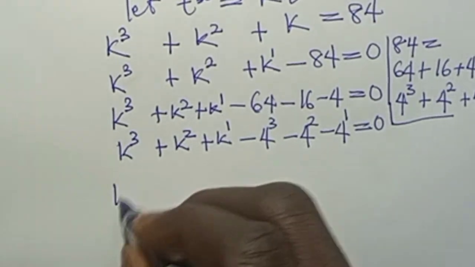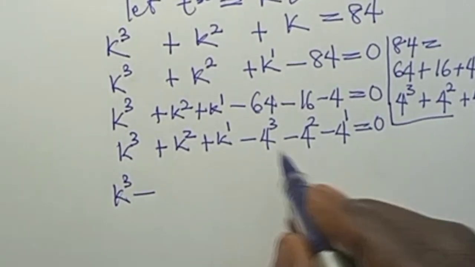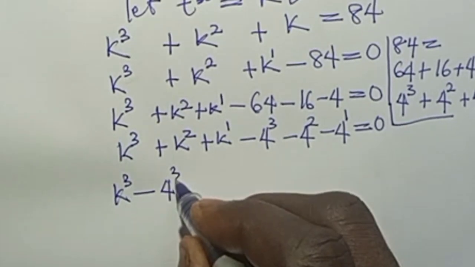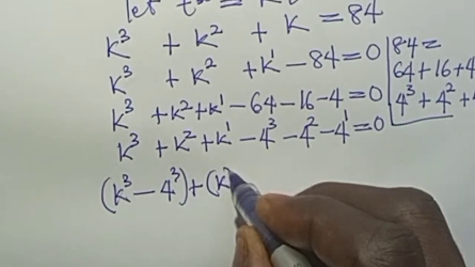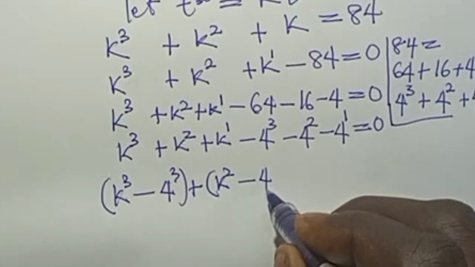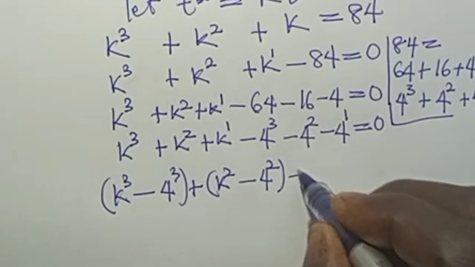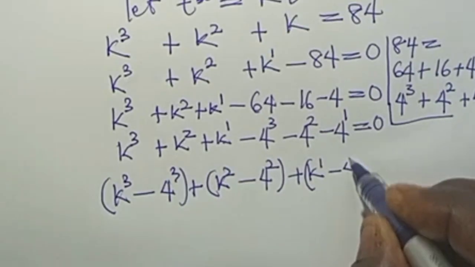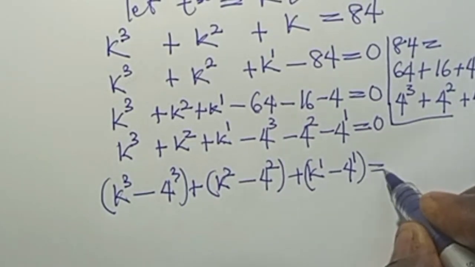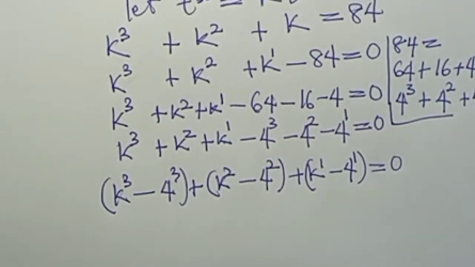That is to say, k to the power of 3 minus 4 to the power of 3 in bracket, plus k to the power of 2 minus 4 to the power of 2 close the bracket, plus k to the power of 1 minus 4 to the power of 1 all equal to 0, and it's good.